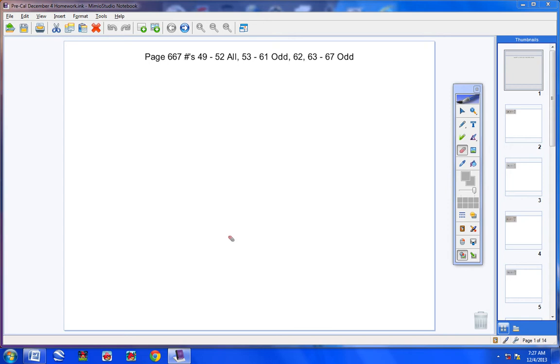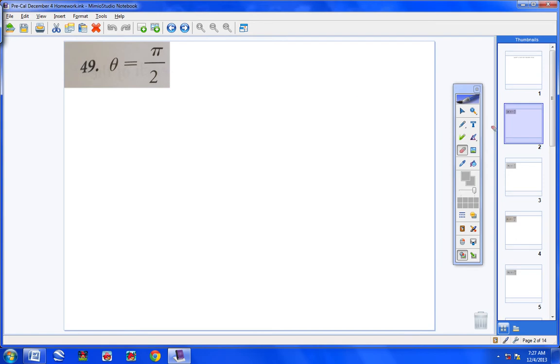I'm giving you in problem number 1 a direction angle of pi over 2. Now, pi over 2 of course is 90 degrees. So let's go ahead and get a picture of this. I'm going to rotate from here to here. There's 90 degrees. And the direction said that you're calculating a unit vector.